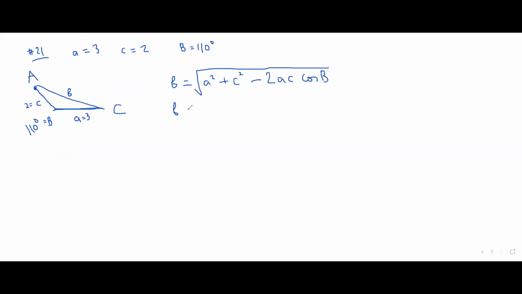So let's do that. So you have 2 squared and 3 squared, right? And also subtract twice their product, and also multiply it by cosine of angle 110 degrees.